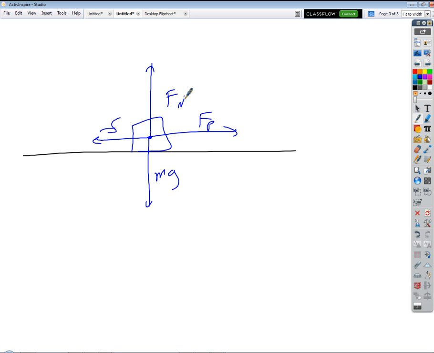That's pretty convenient. All those forces occurred either horizontally or vertically, which made us able to deal with this essentially one dimension at a time. We could look at the normal force and the weight vertically, and the friction and the pushing force horizontally. Things get a little more complicated, though, when you're not limited to just one dimension.